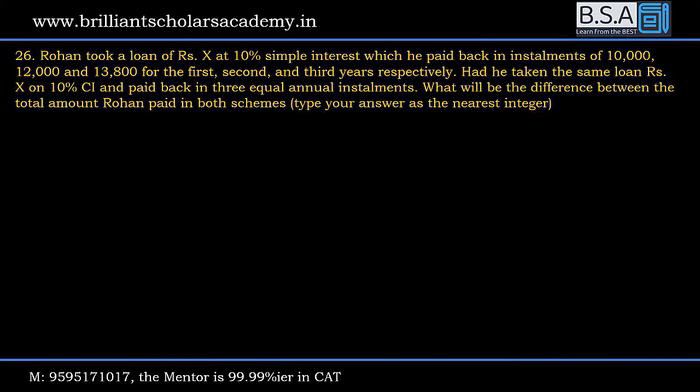Had he taken the same loan of rupees X at 10% CI and paid back in 3 equal annual installments, what will be the difference between the total amount paid by Rohan in both schemes? Type your answer as nearest integer. Again, this is a theta question.